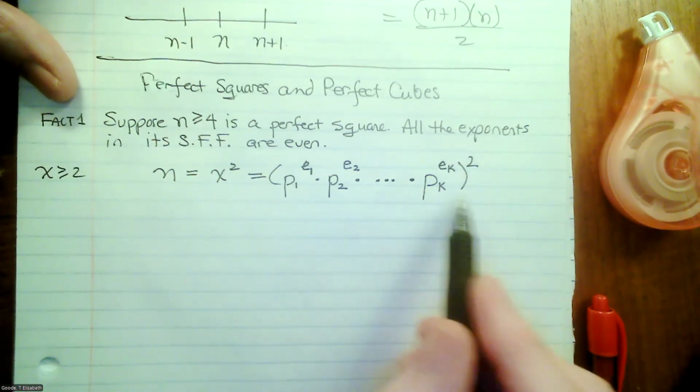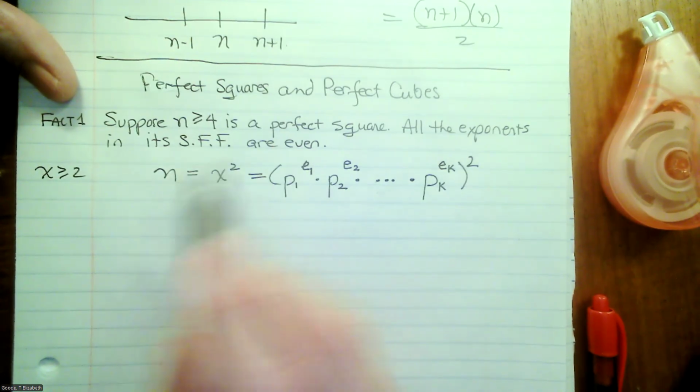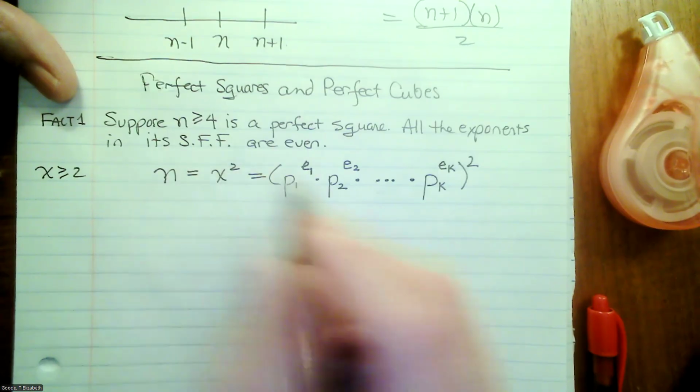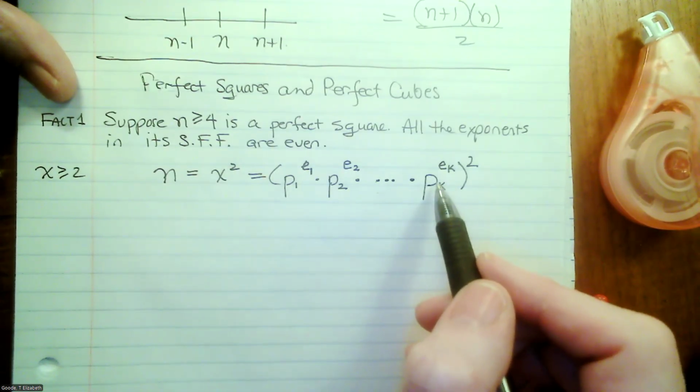What we realized was, we can apply standard factored form to the square root of n, which is this x. We can write it as a product of powers of primes.